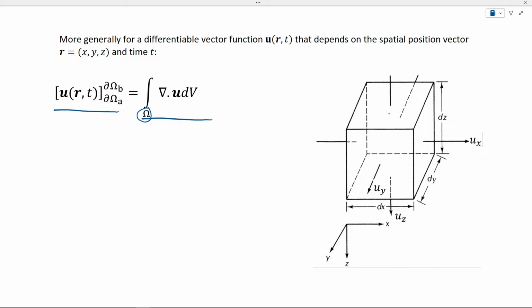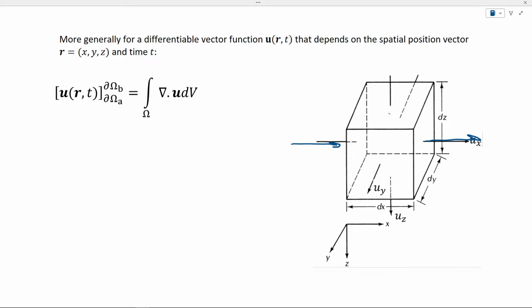So what this is telling you basically is that I have a flux that is coming in, and a flux that is going out. The difference between what is coming in through my surface integral is equal to what is changing inside my volume integral.